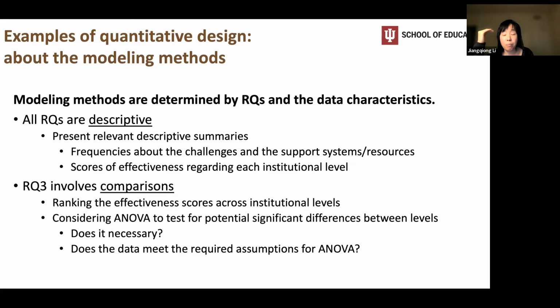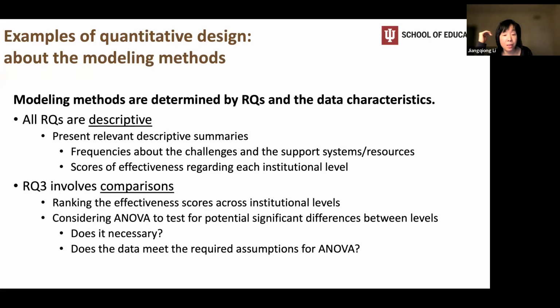Then you can consider doing an ANOVA test. But before doing that, based on the purpose of your study, you want to make some justifications for your decision. First, is it necessary? Does your study really want to identify, based on the significance level, the so-called most effective level, the level that demonstrates the most effectiveness?